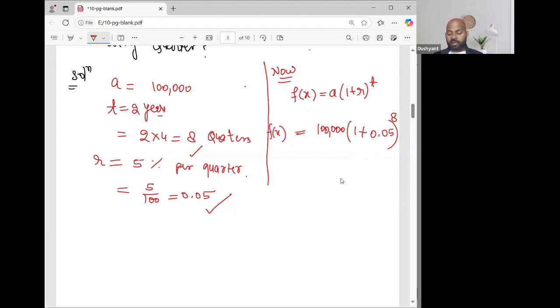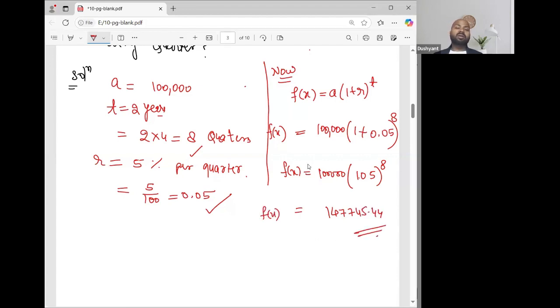Now use your calculator and let me know the answer. So f(x) equals 100,000 times 1.05 to the power of 8. If we calculate this, we will get 147,745.44.